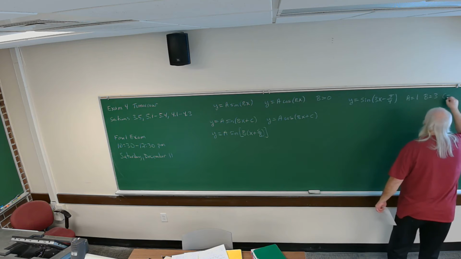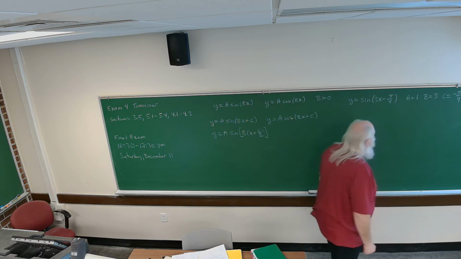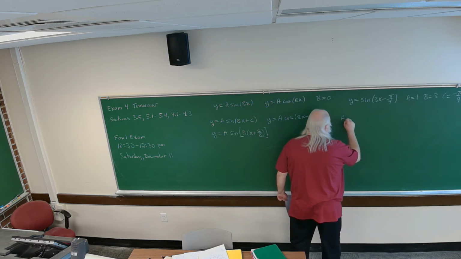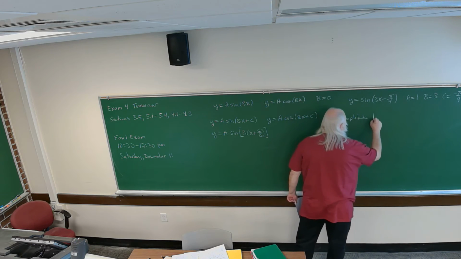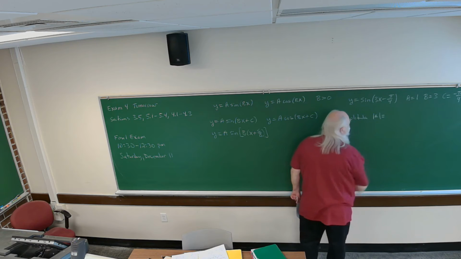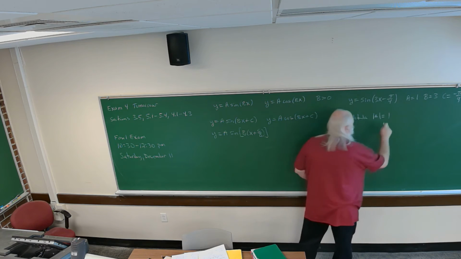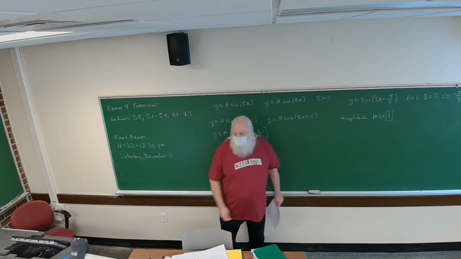And C is equal to minus pi over 4 in this case. So the amplitude of the graph of this transformed sine function is equal to the absolute value of A, which is equal to 1. So there's no vertical stretch and there's no vertical compression.